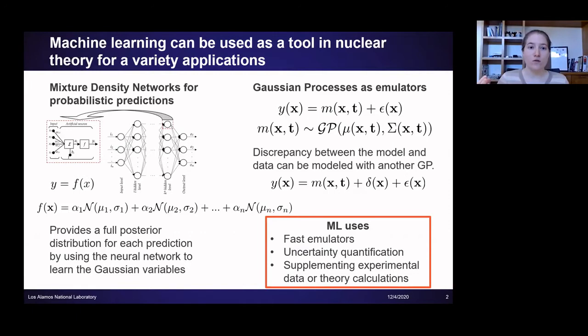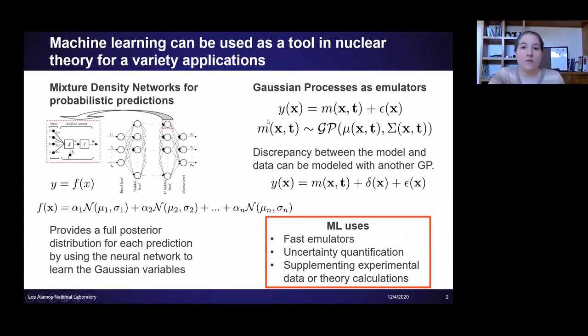And then we use the neural network to learn the means, the widths, and the weights of each of these Gaussian distributions. This is very nice because it actually provides you a full posterior distribution for each of your predictions, whereas many methods give you just a mean value and a width. This actually provides the full distribution.